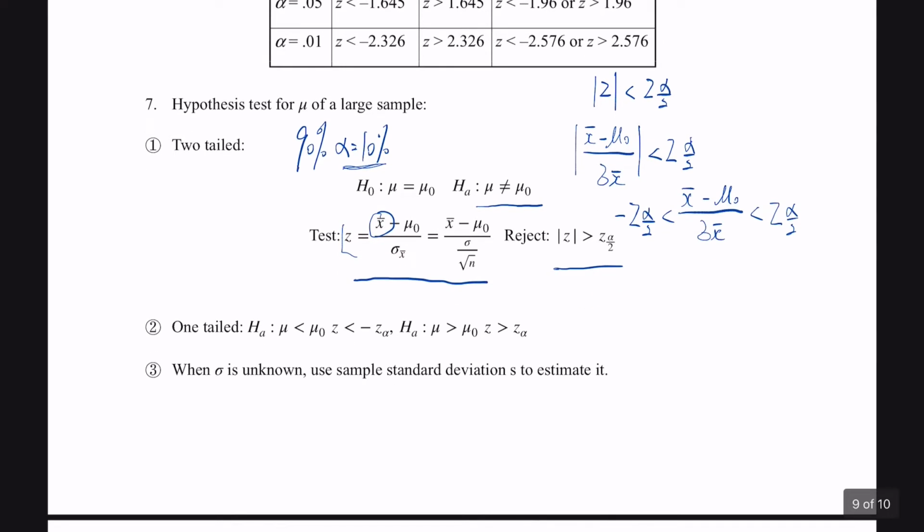Then we rearrange a little bit. It will look like this.